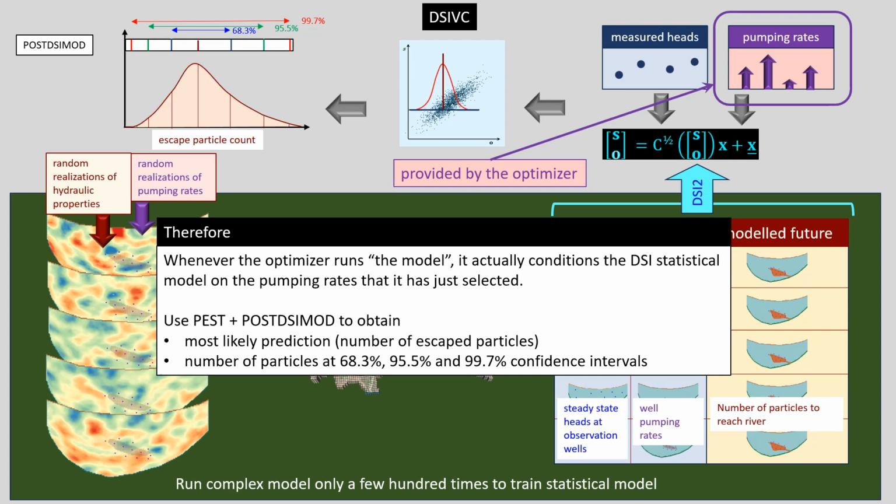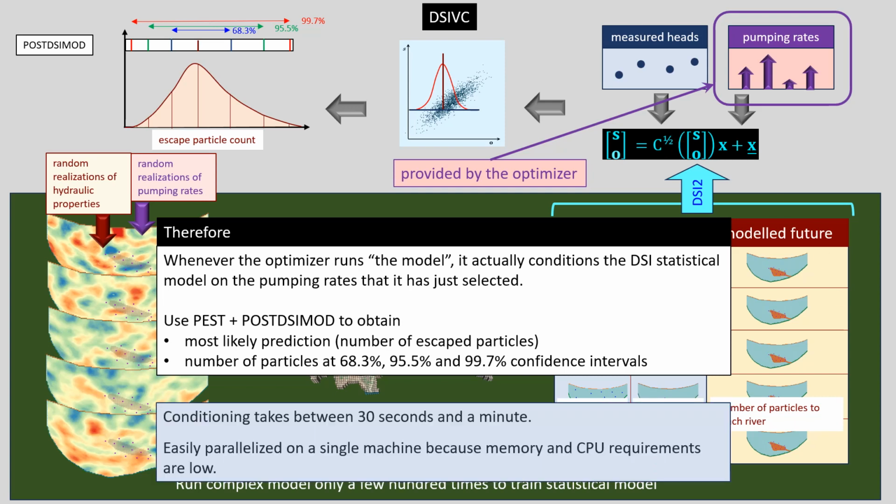The statistical model has to be reconditioned on the selected set of pumping rates every time the optimizer chooses a new set of pumping rates to test as part of its constrained minimization process. So whenever the optimizer runs the model, it actually conditions the DSI statistical model on the pumping rates that it has just selected. So the model is PEST plus post-DSI mod conditioning the statistical model.